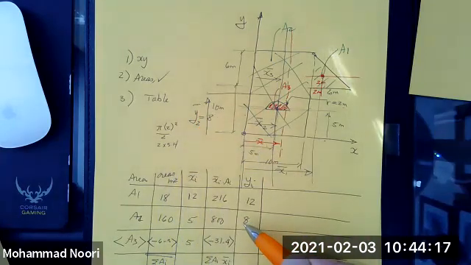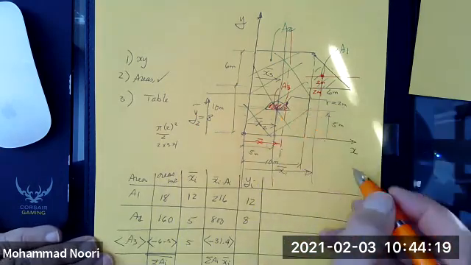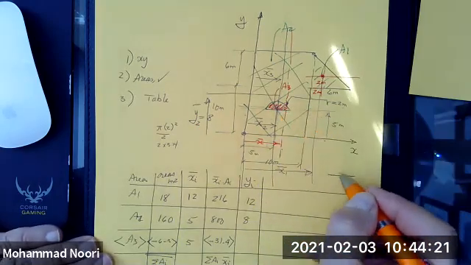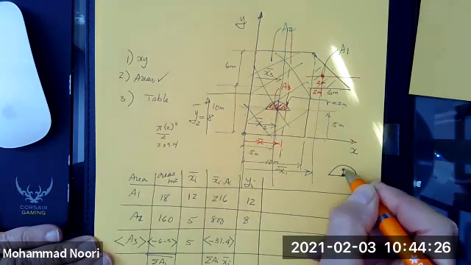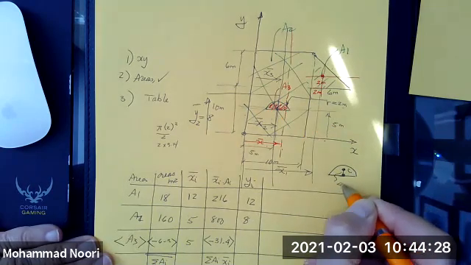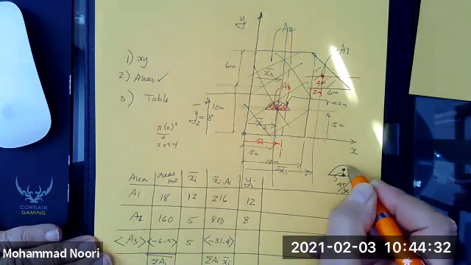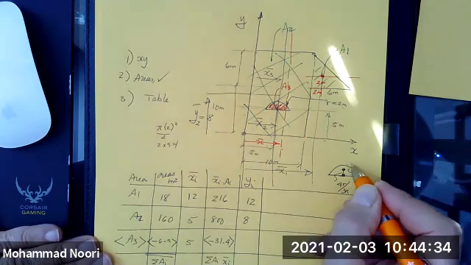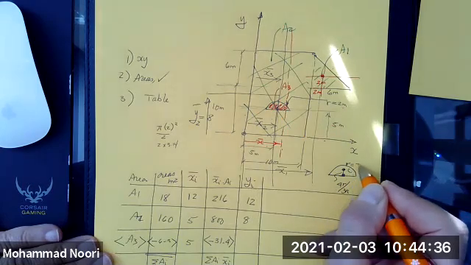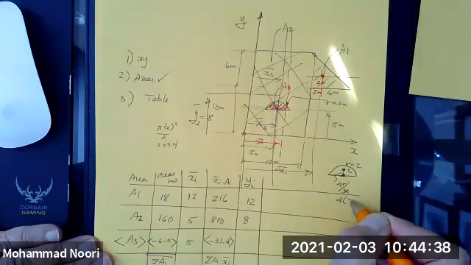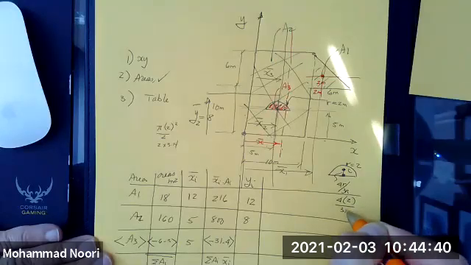Write it down. For this little guy, again, remember this is half a circle. This distance is 4r divided by 3 pi. The radius is given here. R is 2. So it would be 4 times 2 divided by 3 pi.